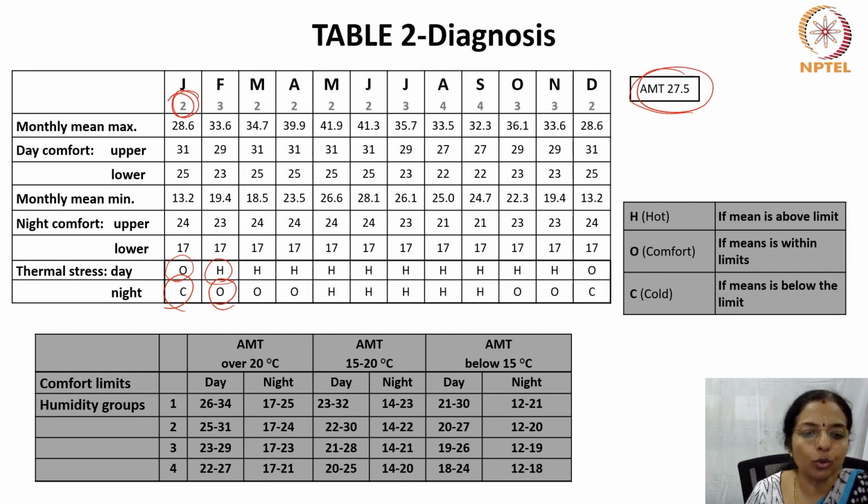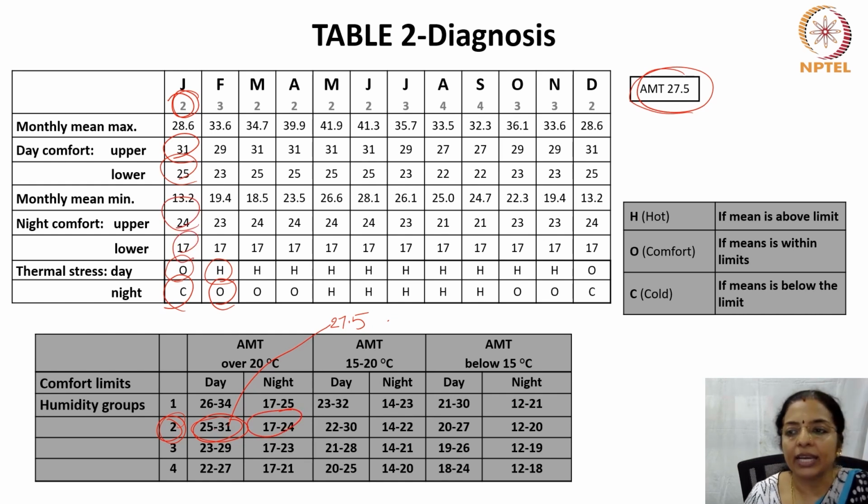So this is the humidity group. So I need to check what data I should enter. This is what I will enter because my AMT here for Vadodara is 27.5. So I will enter this range 25 to 31 and this range 17 to 24 here.